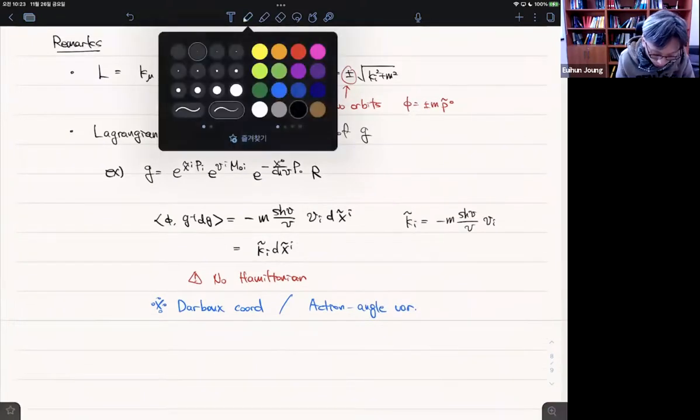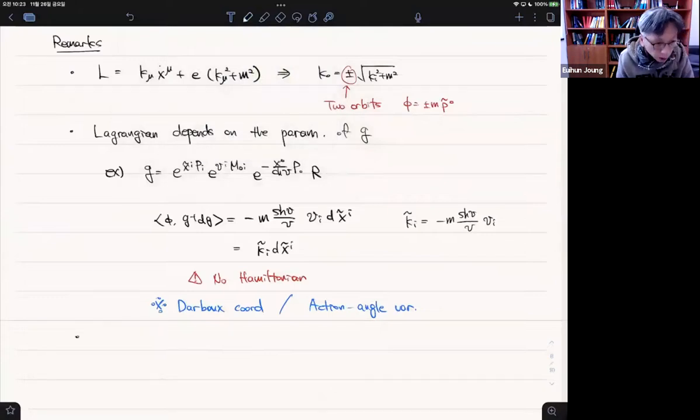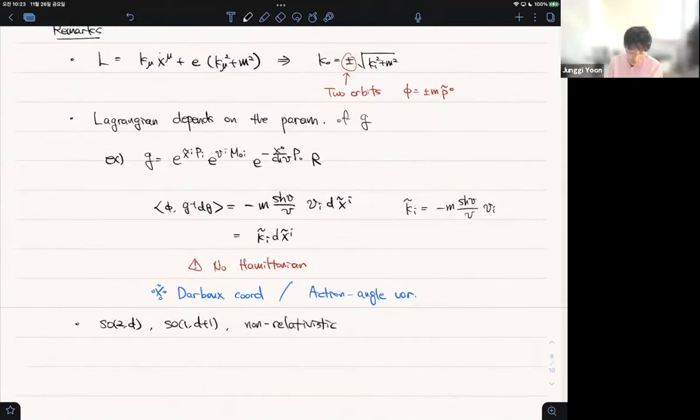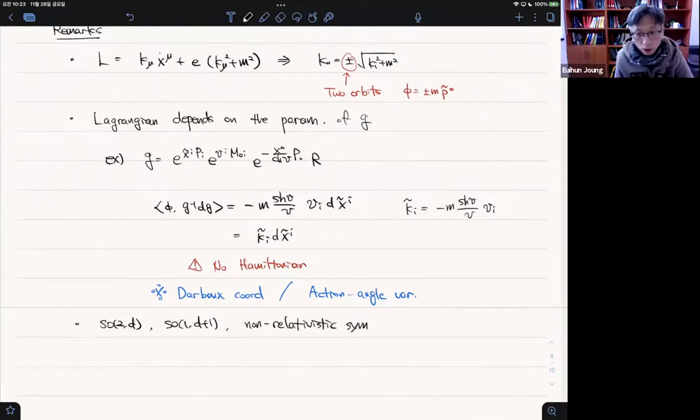Another comment is that this was the simplest case, but we could extend this to many different cases. This has all been studied within the nonlinear realization of symmetry, which is essentially the same.